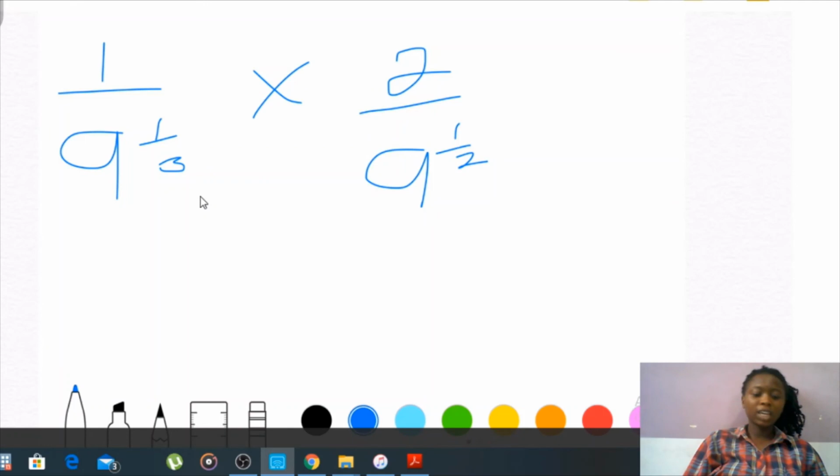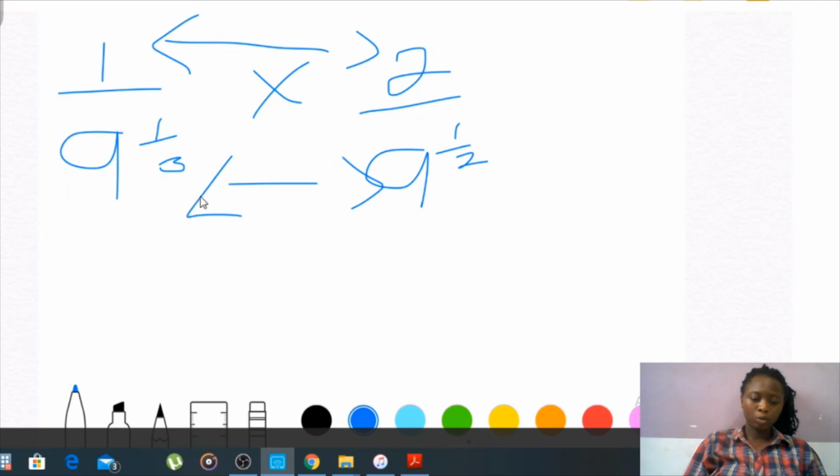In this case, we can apply our laws of fraction. This is a fraction, we can't cancel, so we'll just multiply the top by the top. With this we get 1 times 2, which is 2, over a.